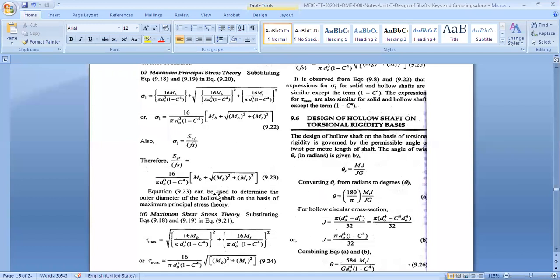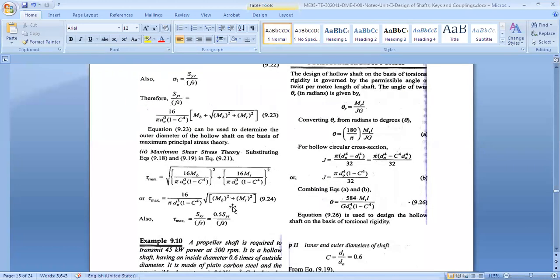We'll get this equation. The allowable principal stress sigma 1 is equal to 16 upon pi do cube into 1 minus c raised to 4, and the second term will remain same, Mb plus root of Mb square plus Mt square, right? For the maximum shear stress theory, the same equation, only the first part will not be there.